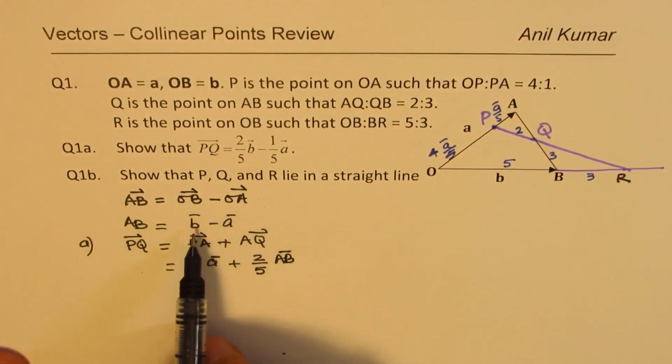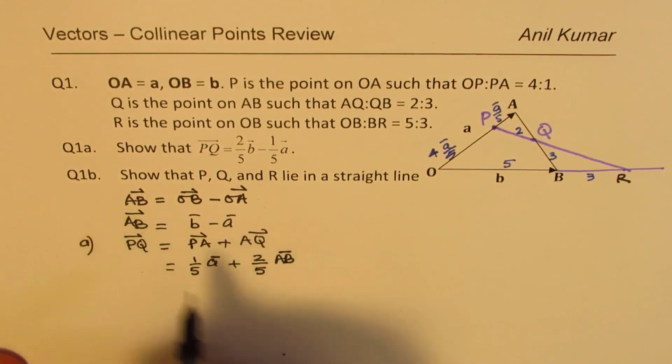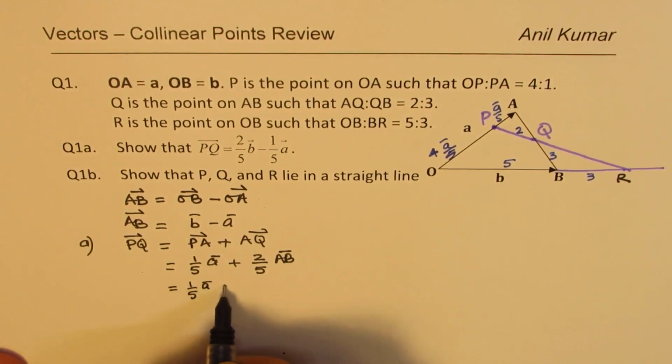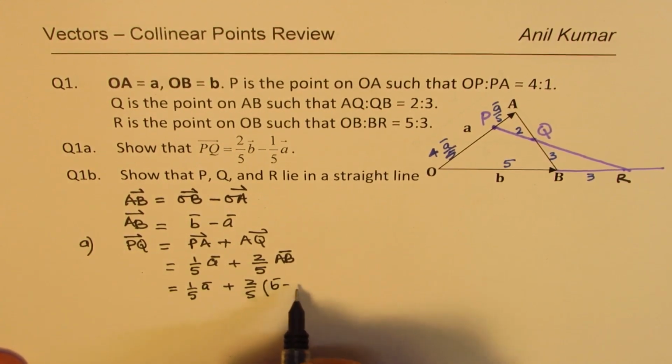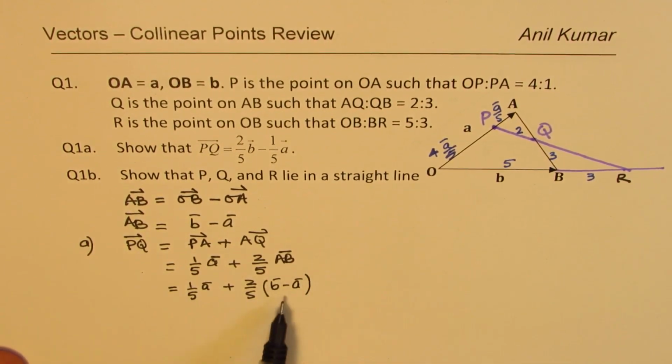Vector AB is B minus A for us. So we'll replace this with B minus A. So we get 1/5 vector A plus 2/5 of B minus A. Correct? Now we can combine the like terms and then get the result.